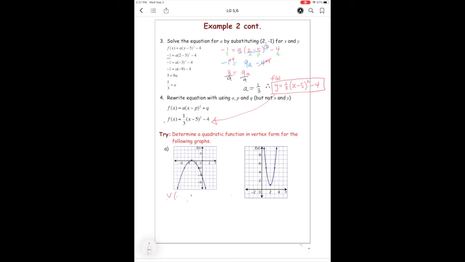Remember, the first step is the vertex. So it's -3, 0. The point is -1, -2. Now label. Plug and chug into the formula.